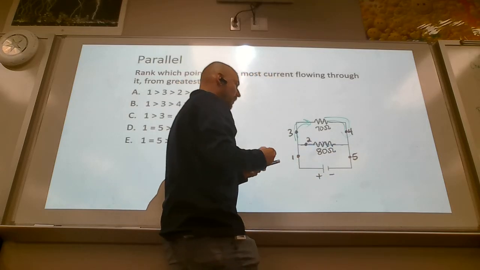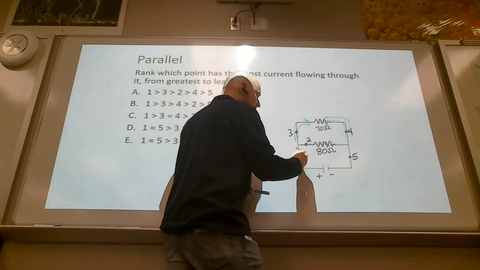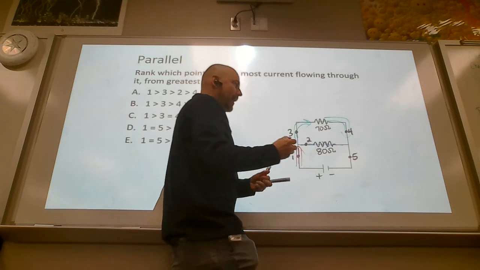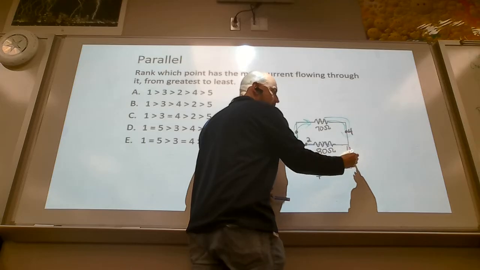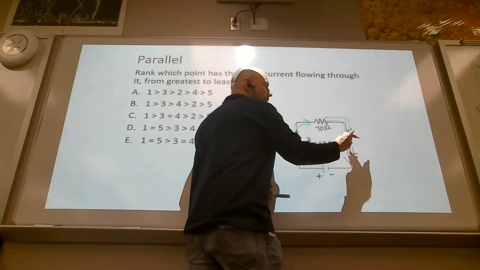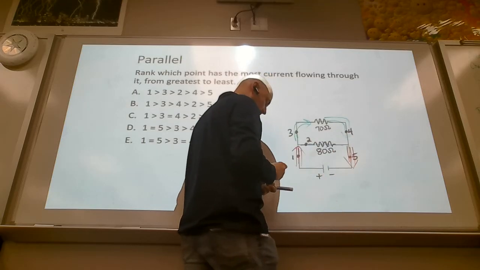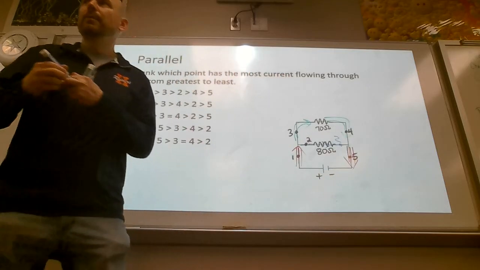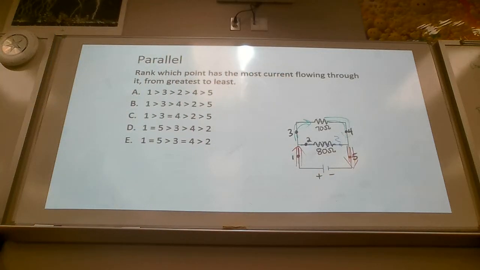Okay? 1 is the combination of 2 and 3. 5 is the combination of 4 and we'll put another 2 here. Yes? All right with that? Questions there?